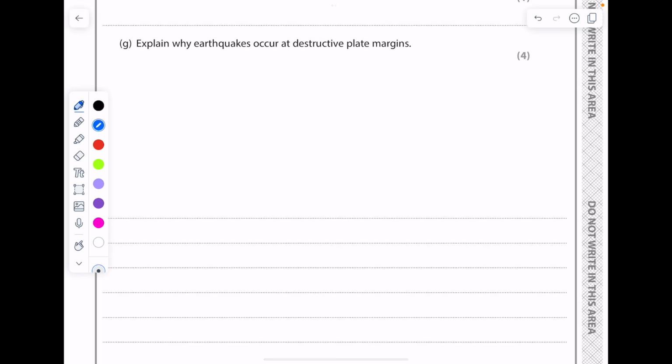Explain why earthquakes occur at destructive plate margins. We need 4 marks here. So our first mark is to say that the oceanic and continental plates move towards each other.